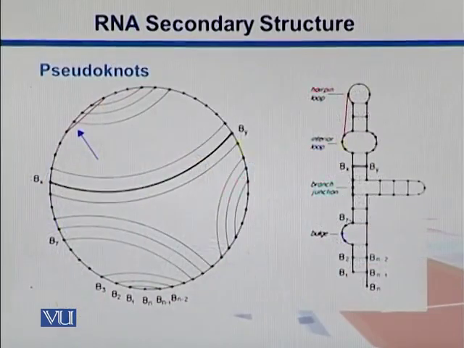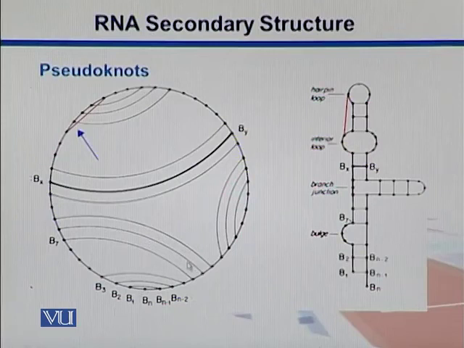Here we see the pseudoknots. We see those arcs, but in the same way we see a crossing edge, which is a red color edge. We can see the top part where we have labeled it BX and BY. This top part was actually the bottom part of this sequence right here.